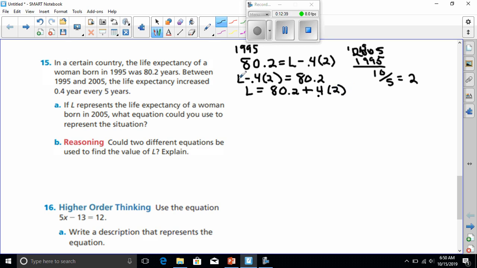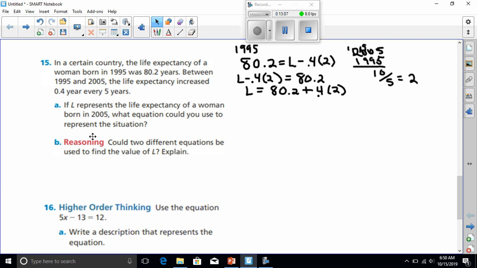Does everybody see that? Because we'd have to add 0.4 times 2 over here to this side. Okay? Yeah, so we can either say that added, or, and I think this would probably be the easier one to solve because you'd have all your numbers on one side, but those are the two that I came up with.